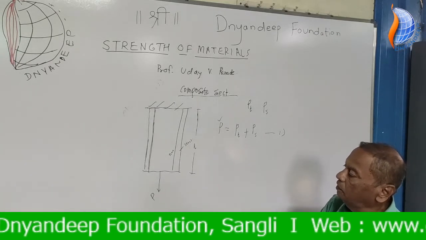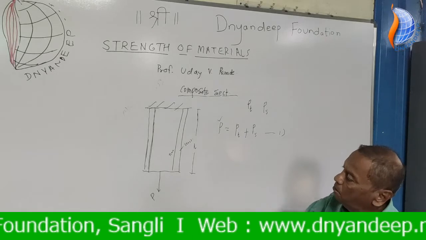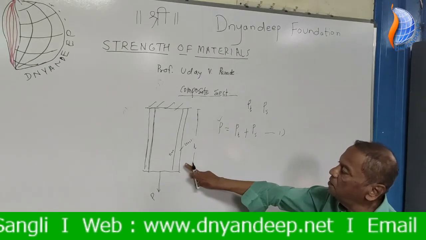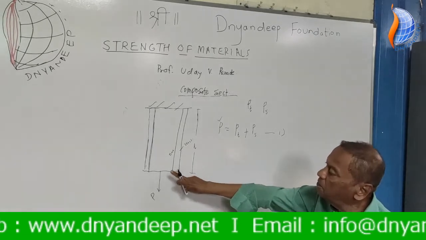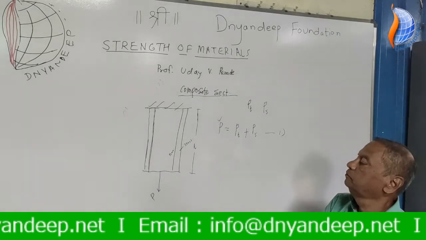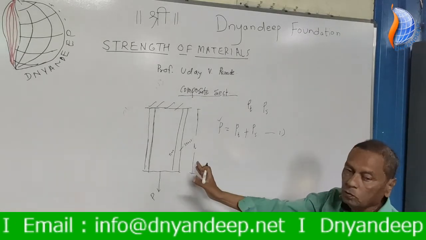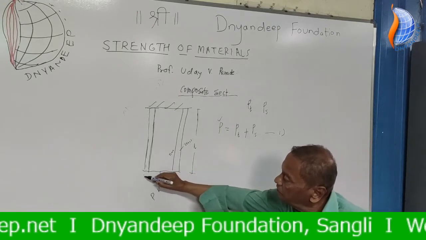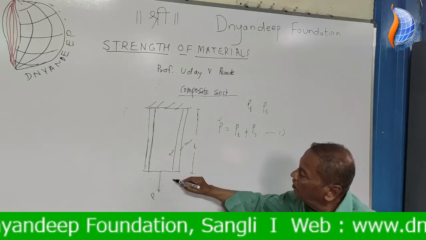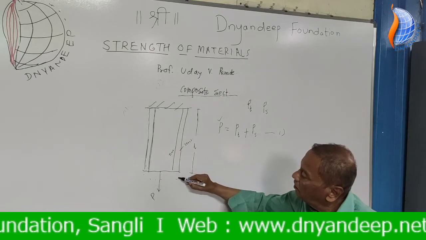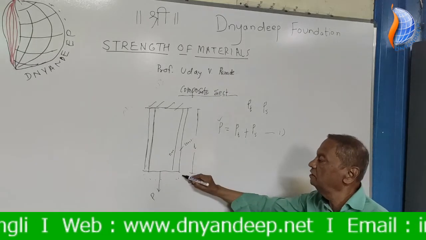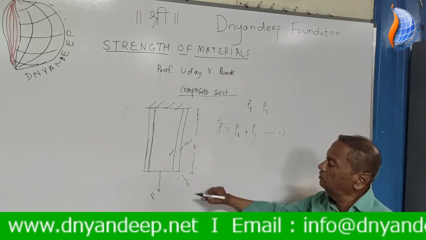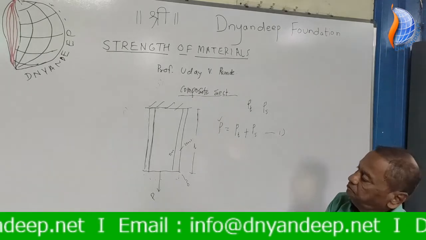Now the second equation: even if part of P is taken by one material and part of P is taken by another material, still, due to application of load, whatever is the change in length, this change in length, let us say delta, is the same.